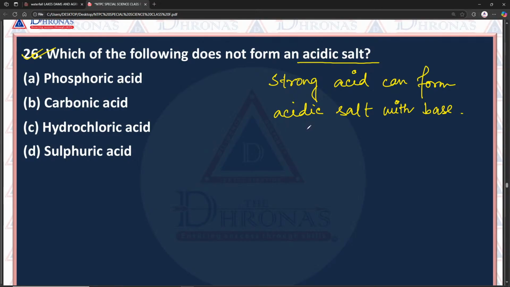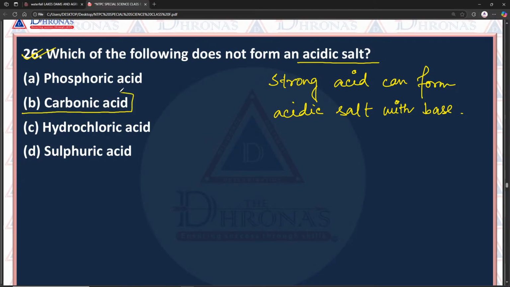No. Another guess? B, correct. Carbonic acid.